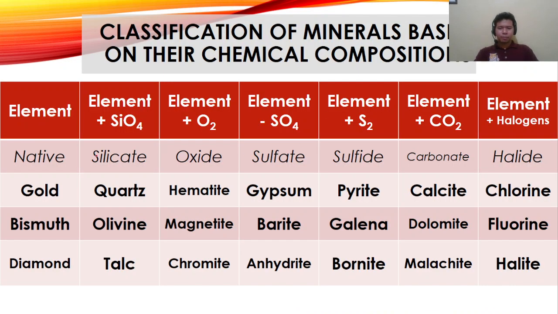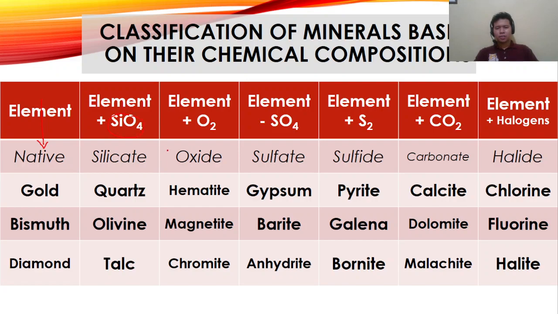So to sum it up, these are the classifications of our minerals based on their chemical compositions. When we say native element, we have gold, bismuth, and diamond. A silicate contains silicon and oxygen.